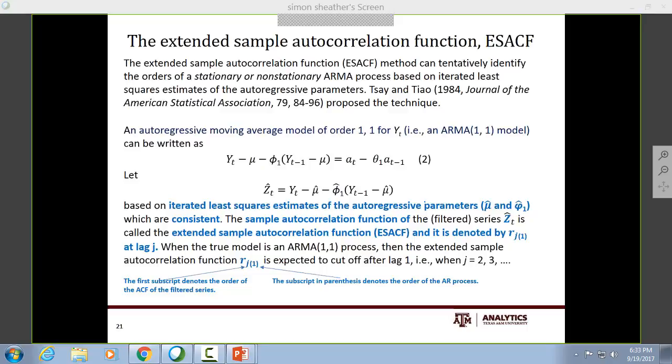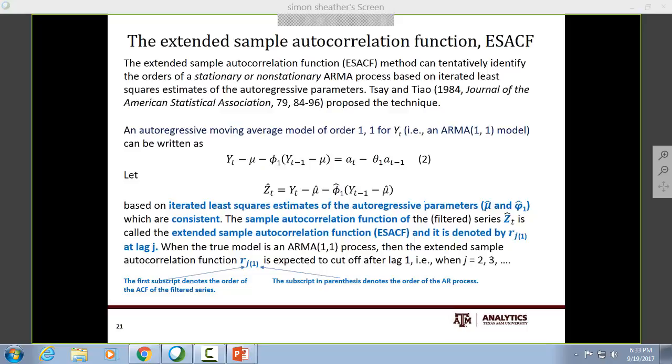Tsay still teaches at the University of Chicago. I think Tiao is retired. So this is the extended sample autocorrelation function. And what they do is effectively an iterated version of what I just showed you. I showed you just one step.